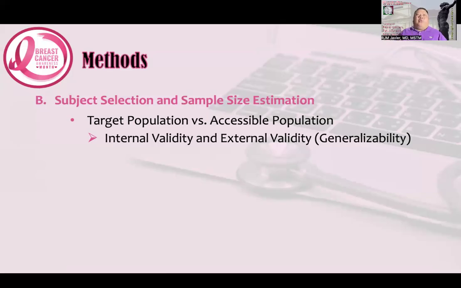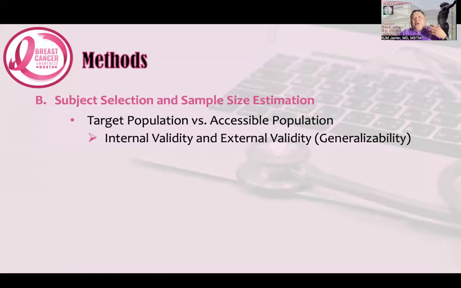On the other hand, whether or not the findings of your research, can you apply this to the bigger population? Remember, you only identified a small sample of the target population.